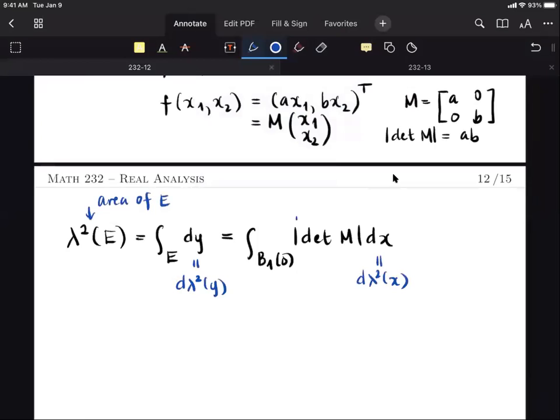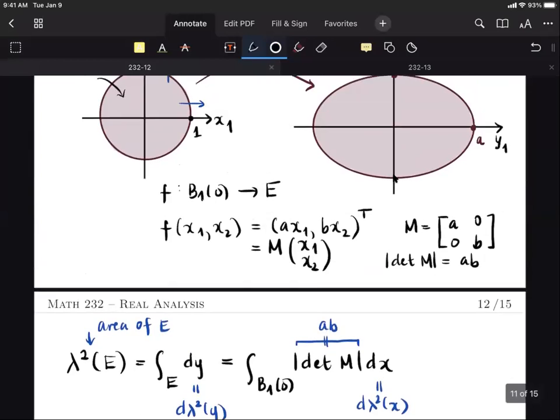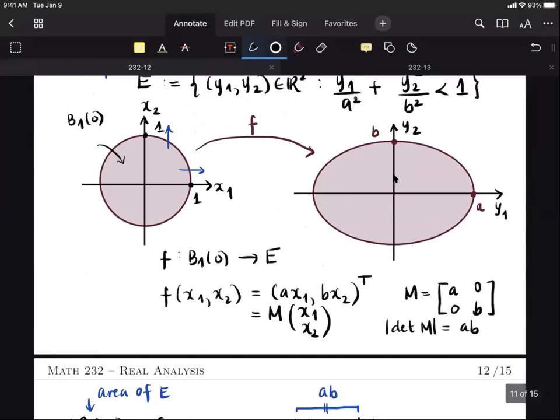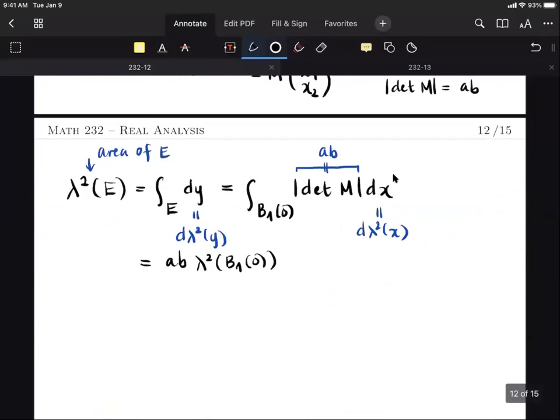So this is a constant. In fact, this is equal to AB. Hence, we have AB times the two-dimensional Lebesgue measure of the unit ball. But we know that the area of the unit ball is pi, so this is pi AB.